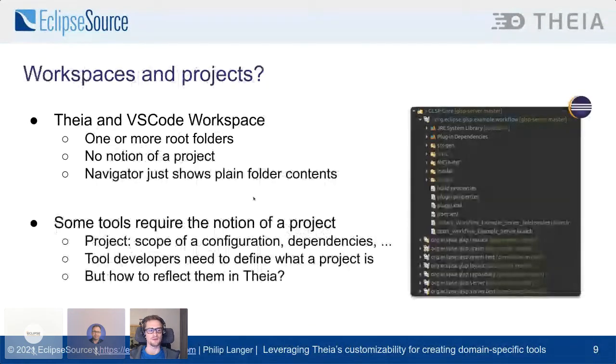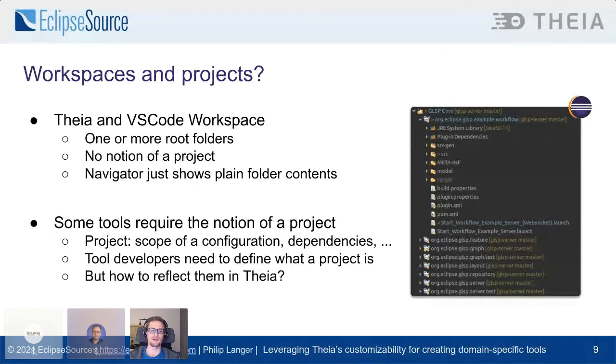Another very, very typical use case, or a topic that we faced in customer projects with Theia, is workspaces and projects. So that's a question that often arises. Theia and VS Code follow the paradigm that a workspace is basically one or more root folders that you just add to your instance.